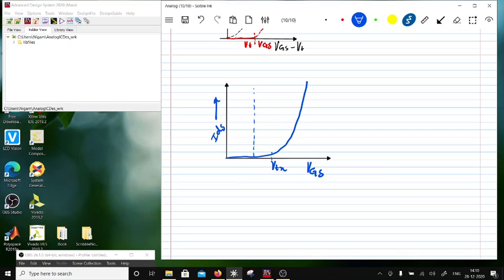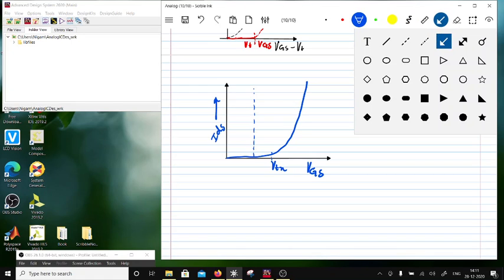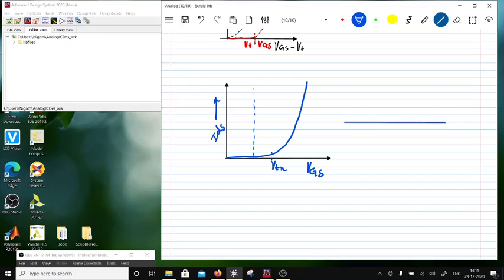So if I was to go far away, then what is going to happen? This VDS doesn't exist. So in this case, the horizontal field doesn't exist, right? So you have the gate, and you have got the source and the drain, right? And VGS is very small.